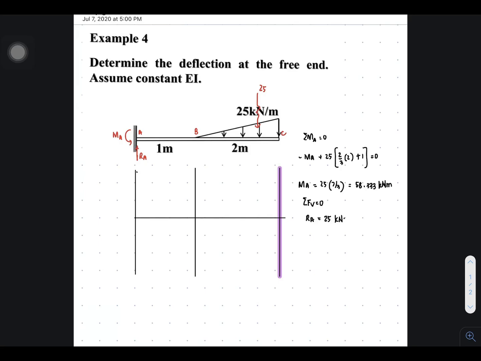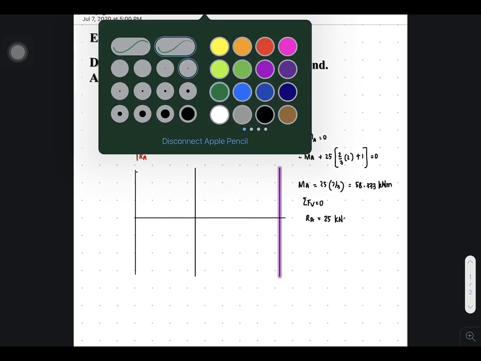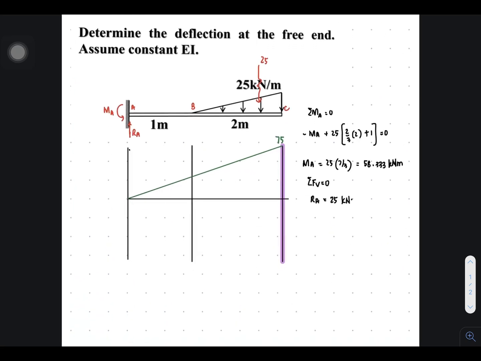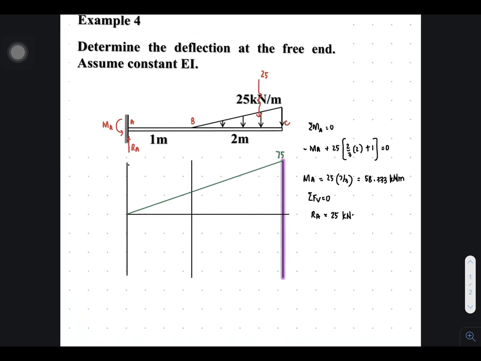And then let's now create the first degree line because of RA. So 25 times 3, you will have 75. So 25 times 3, that's 75. And then for this one, 25, it's first degree, it becomes third degree.